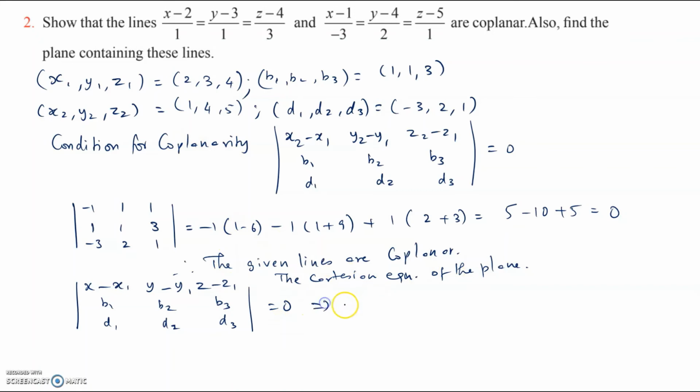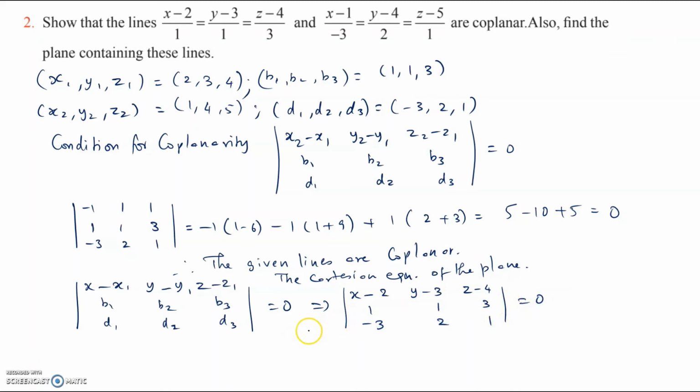Simplifying this and substituting the values, you get x minus 2, y minus 3, z minus 4, 1, 1, 3, then minus 3, 2, 1 is equal to 0.